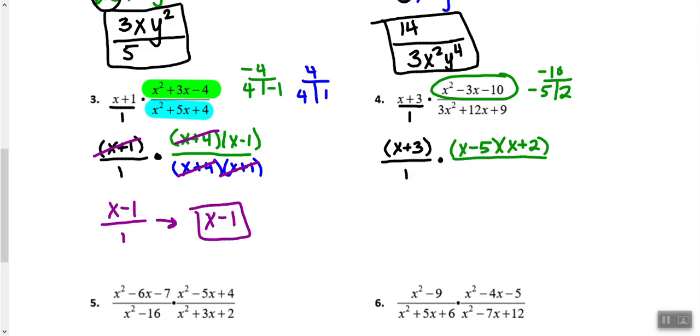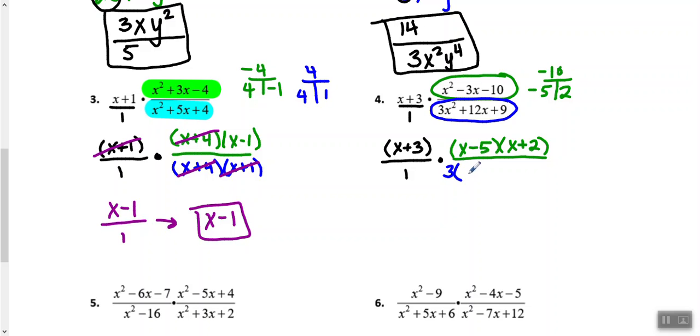over, and here I'm going to factor the bottom. So the first thing I see is a 3 in the front of the x squared. Whenever I have a number in front of x squared, it makes factoring a little harder. So I'm going to look to see, is there a GCF? Can I divide all of these by that number 3? In this case, I can.